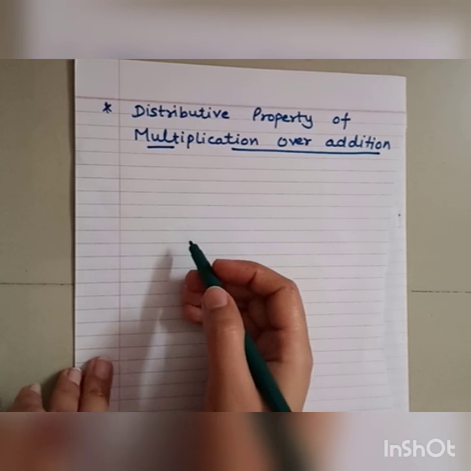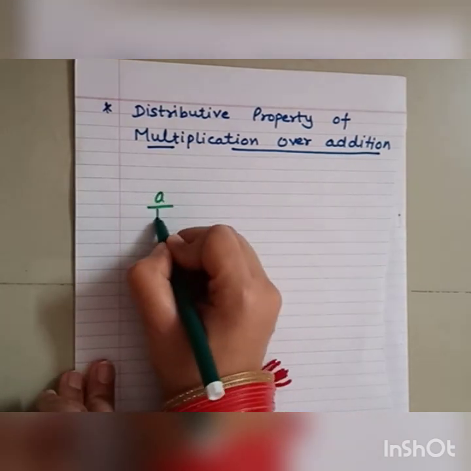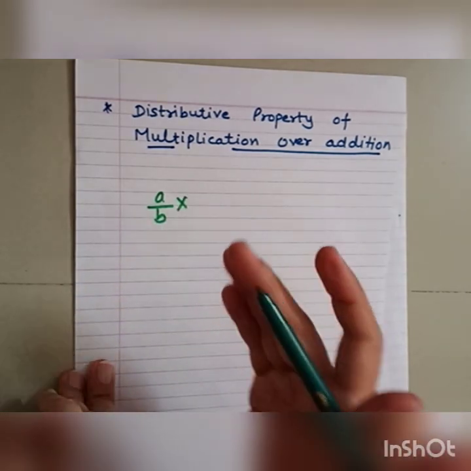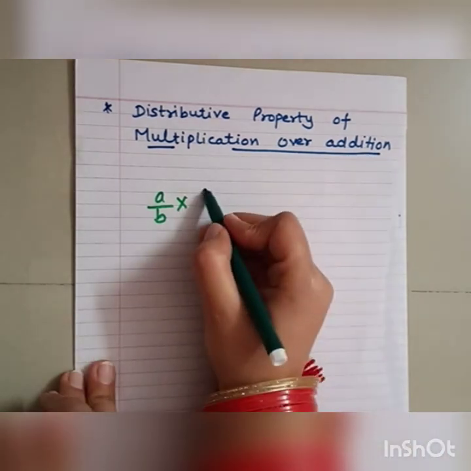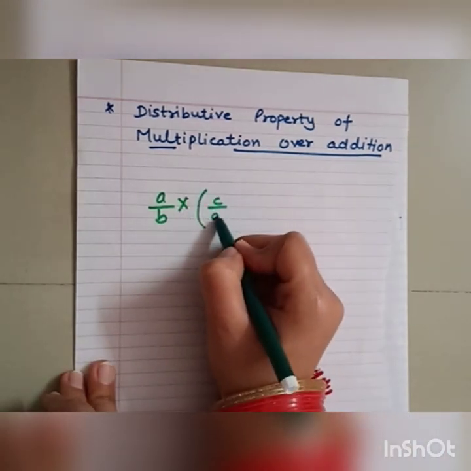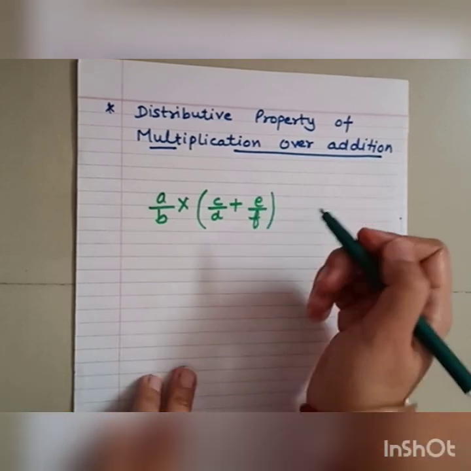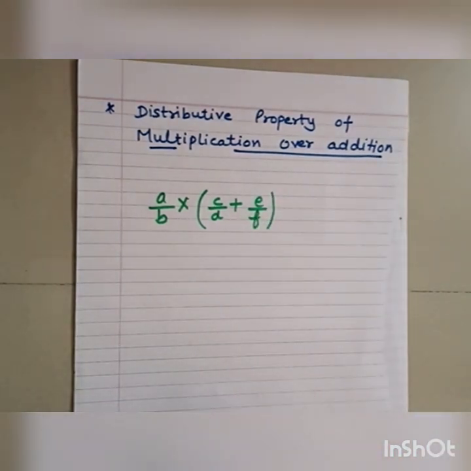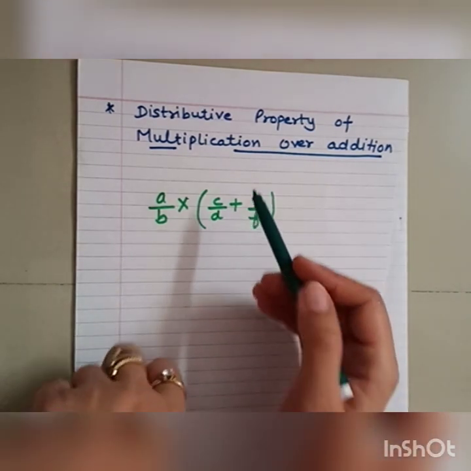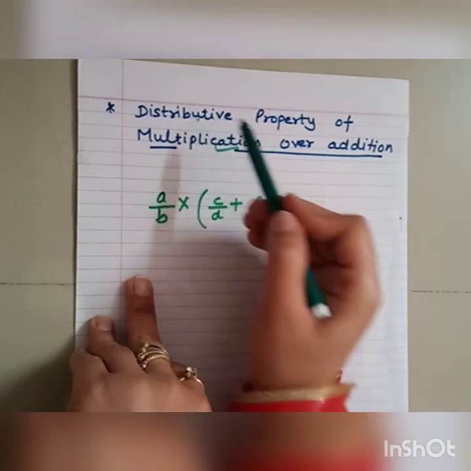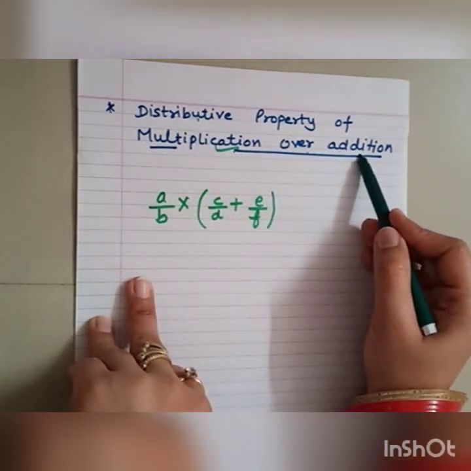If we have 3 rational numbers, then a by b into c by d plus e by f. In this property we take 3 rational numbers and the sign is multiplication, because distribute means multiplication distributes over additions.